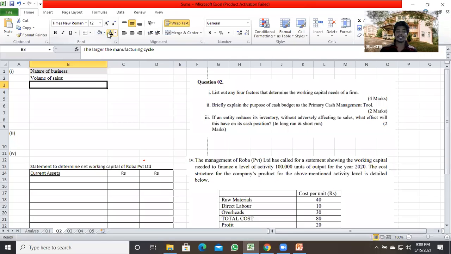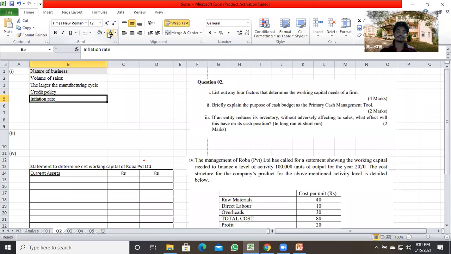Then the larger the manufacturing cycle. Some we know, as in process costing, have a large manufacturing cycle, some have a short one. So the working capital requirement changes accordingly. Then credit policy: based on the credit policies we can think about our cash balance and the credit balances within our firm.